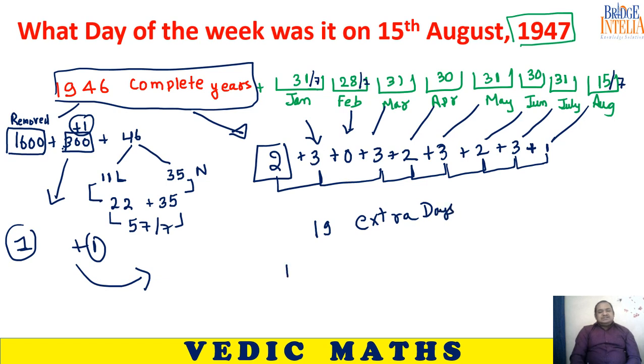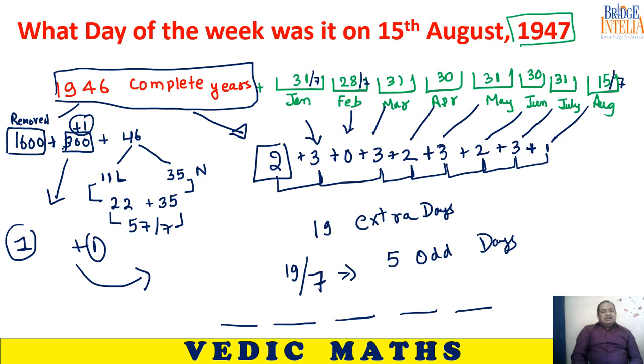So 19 can still be divided by 7. So if you divide by 7, 5 is the remainder. So 5 odd days. So it means day number 5 of our modern calendar. So our calendar begins from Monday. So Monday, Tuesday, Wednesday, Thursday, Friday. So Friday should be our answer.